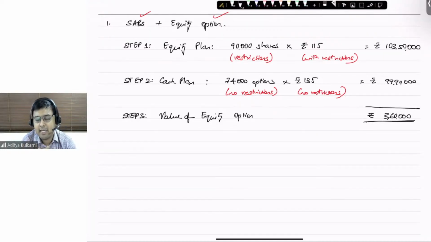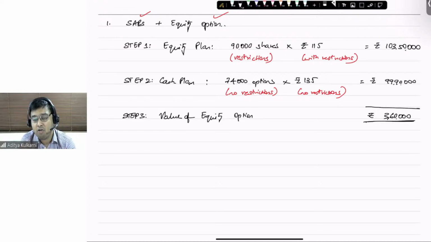Today you record it as an equity plan. You will book 1 crore 3,50,000 in your EBE and recognize SBP reserve correspondingly. After 2-3 years, when your exercise period starts to fall due, can the employee demand cash? Definitely he can. He has the option. But what have I recorded? I have recorded it as an equity plan.